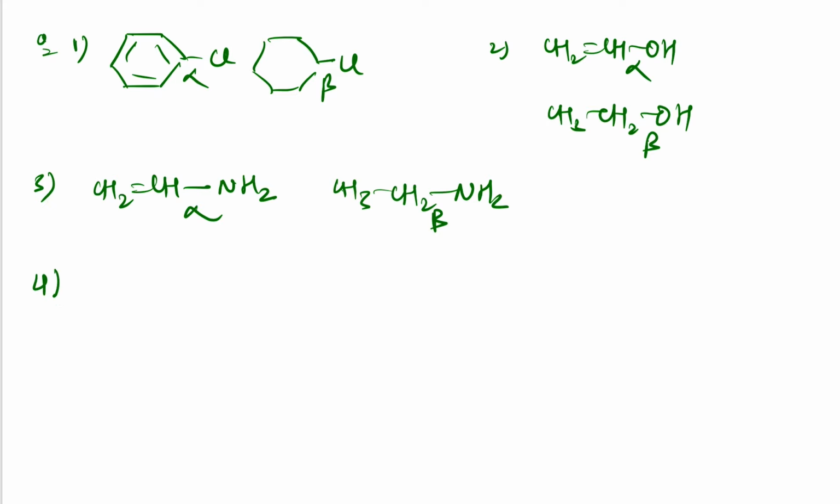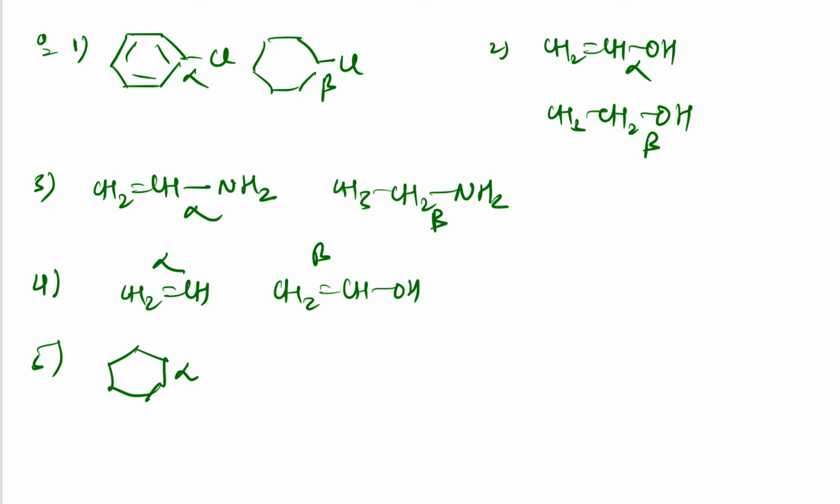Fourth, it is alpha, and it is beta. Fifth, alpha, here it is beta, and here it is gamma. Now you just have to compare the bond orders.